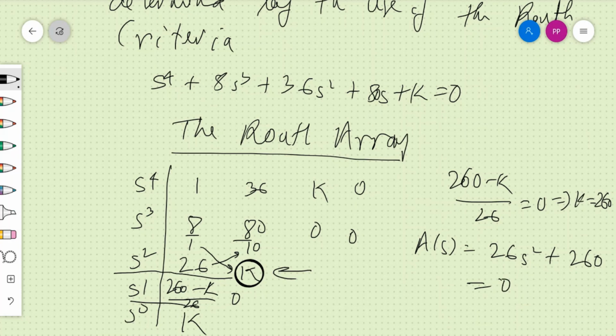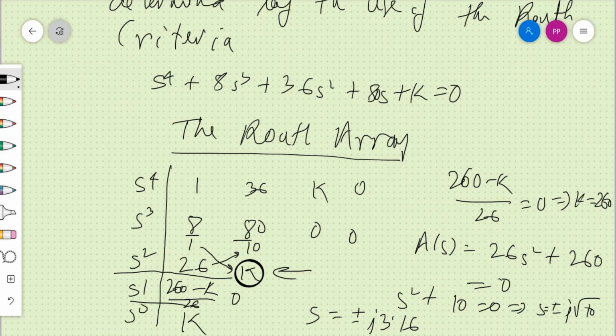the row becomes 0. You have s square plus 10 equal to 0, which implies that s equals plus minus j root 10, which gives you the crossing of the imaginary axis at s equal to plus minus j 3.16. So once you get this, you can go back to the root locus we have plotted.